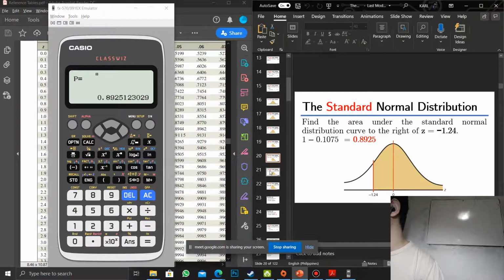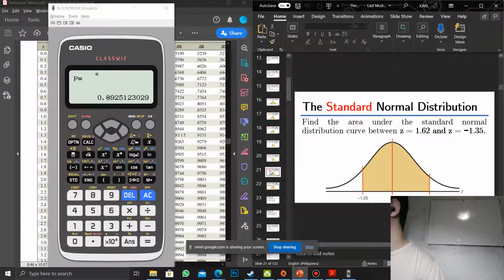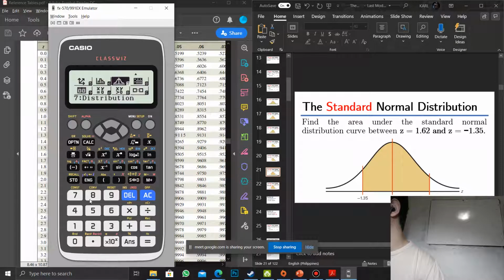Sige, game. Next. Last one. Area between 1.62 and negative 1.35. So, same lang. Lower is negative 1.35. Pero ito, dahil meron nang nasa gitna or meron na isa pang limit, 1.62. Yung isa pang z-score. Okay?